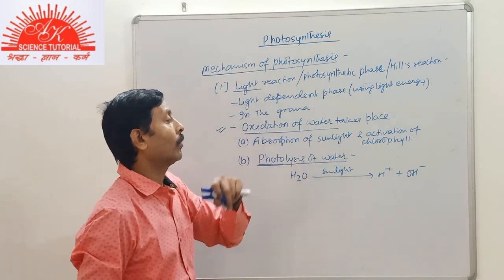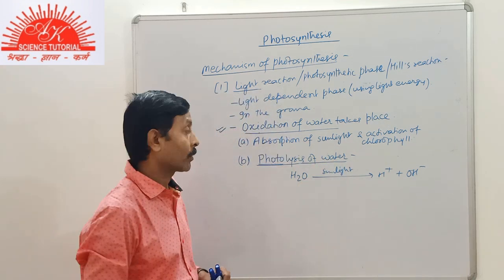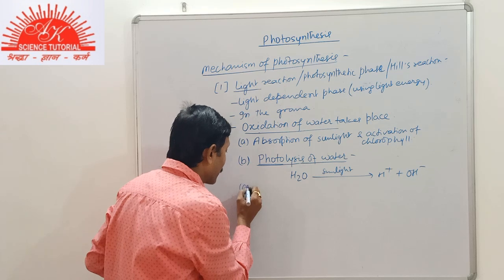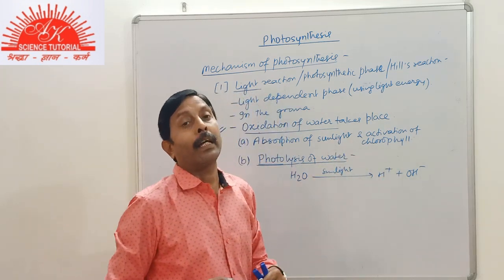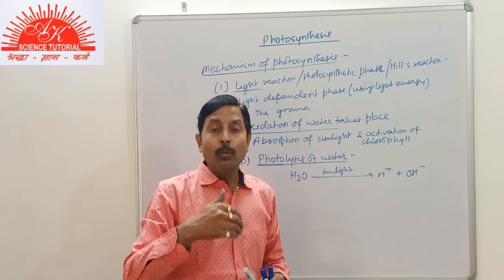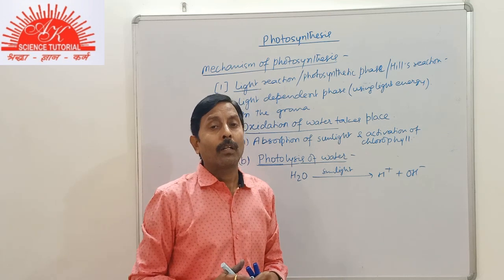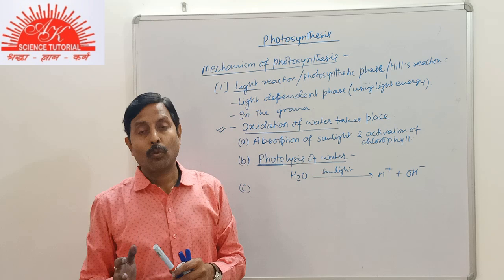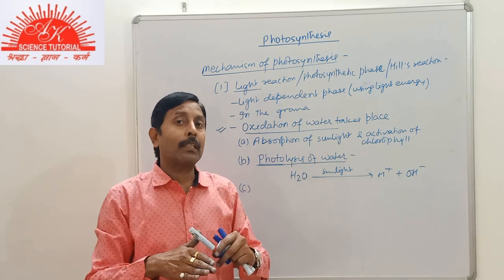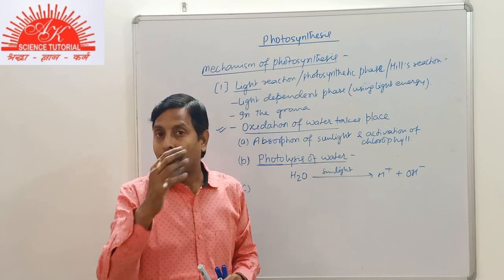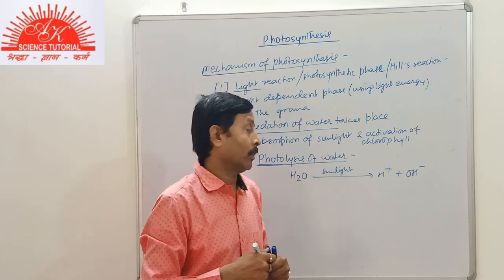So this is the photolysis of water. Now, the next step. This OH minus ion loses its electron and becomes neutral OH, but being unstable, it reassembles to form water molecule and oxygen.